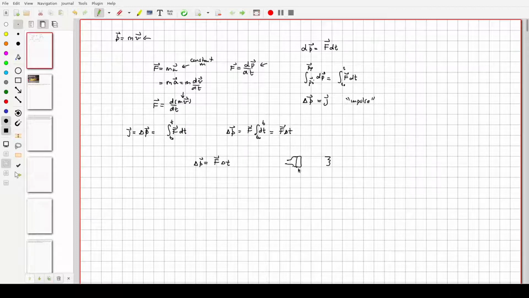Now, what the pad does is to extend the contact time out. So it actually creates more time for impact. So think a sharp hit versus a sort of squishy hit, if you want to think of it like that.